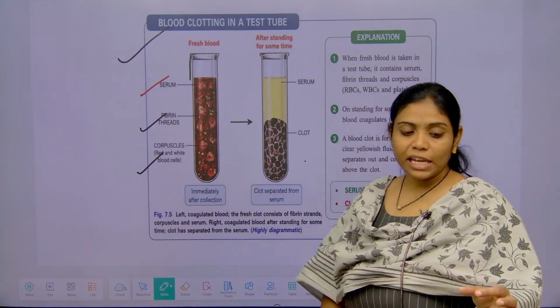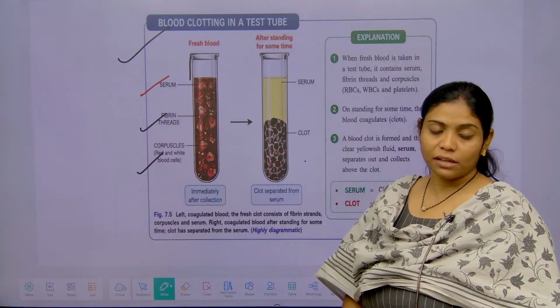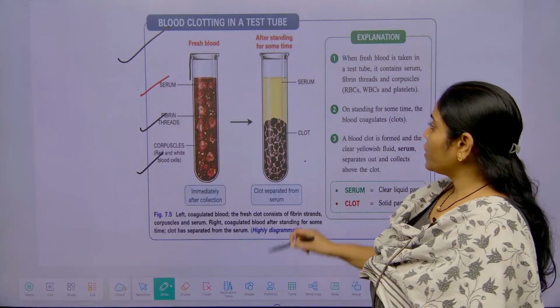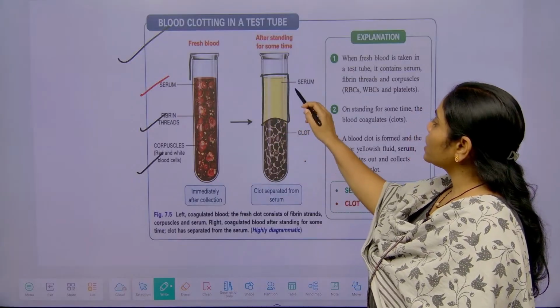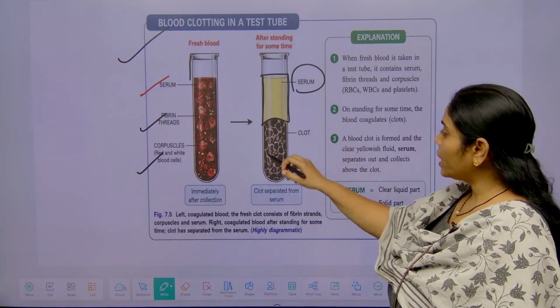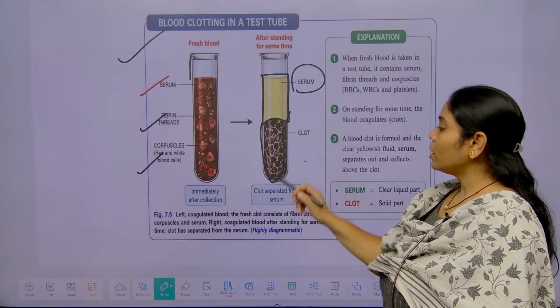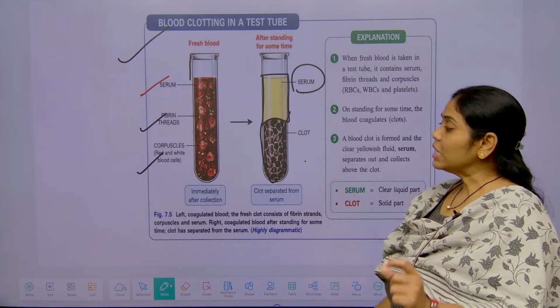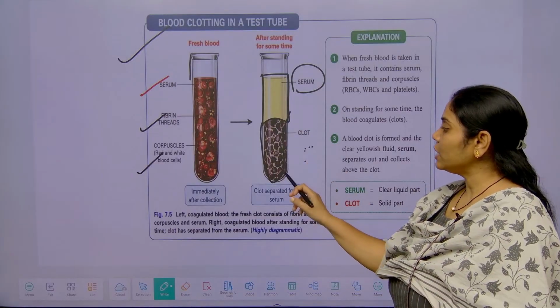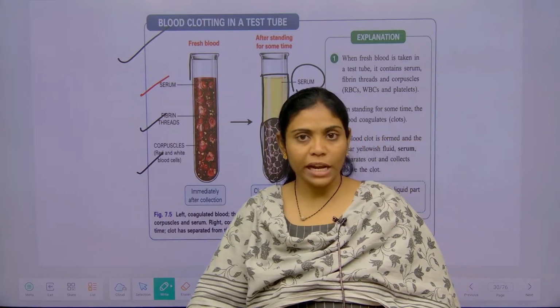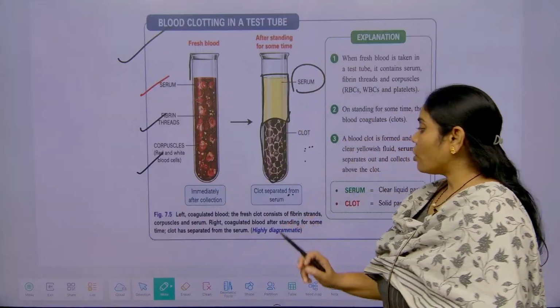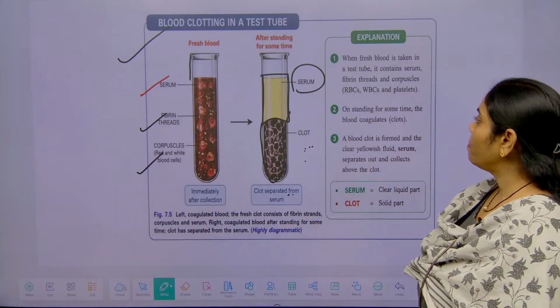If we keep the test tube aside for a while, we can identify a yellow colored liquid-like substance on the upper side, and in the bottom region a clot with the cells. In this clot, WBC, RBC, platelets and the clotting factors will be present.